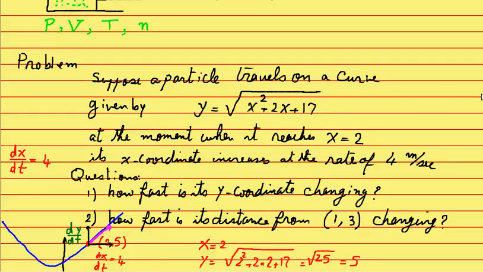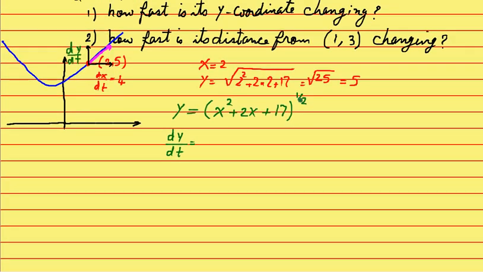So let's go ahead and do power up front of 1/2, then x squared plus 2x plus 17 to the power of, instead of 1/2, we have to lower it one notch, 1/2 minus 1. Then I have to differentiate this. Let's find the prime of that.